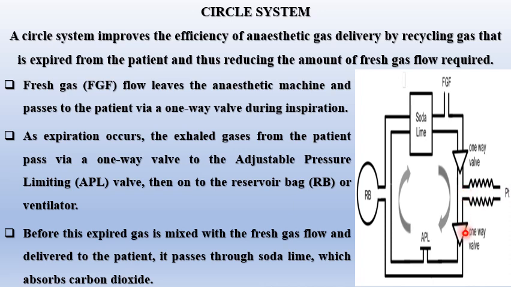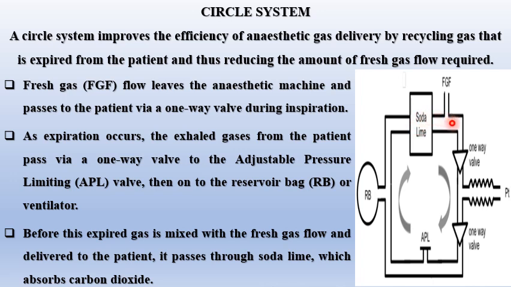As expiration occurs, the exhaled gases from the patient will pass through another one-way valve to the adjustable pressure limiting valve, then to the reservoir bag or ventilator. Again, here, before this expired gas is mixed with fresh gas flow coming from here, it will pass through soda lime, which absorbs carbon dioxide.